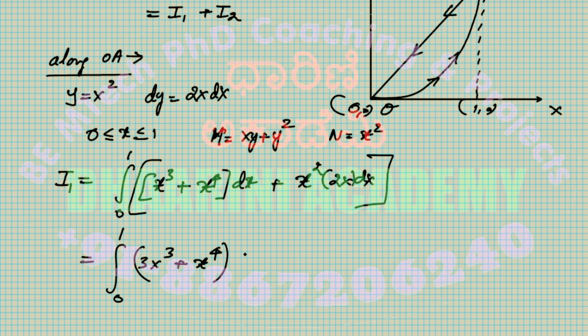So first term becomes xy minus, there is 2 into y square by 2. I should substitute x square to x. So this cancels, there is a dx. So this is equal to integral 0 to 1. Xy is there, when you put x over there, this becomes x square.